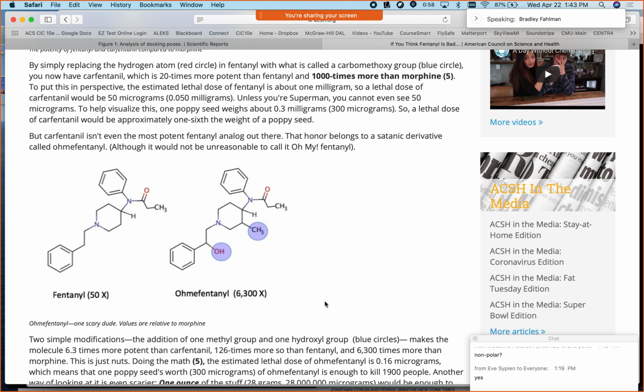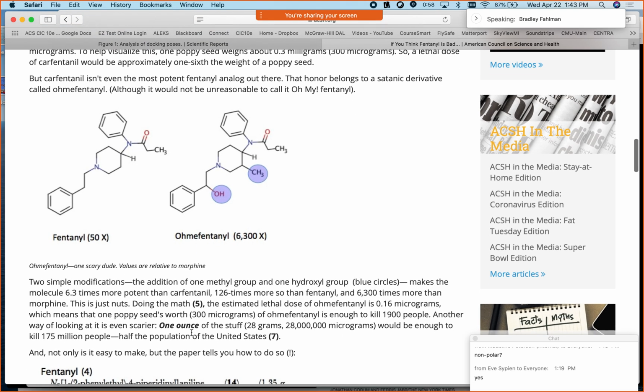What's scary about it is that 1 ounce of this compound is enough to kill half the population of the US. Just think about that. If you had 1 ounce or 28 grams, you could kill half the people in the US.